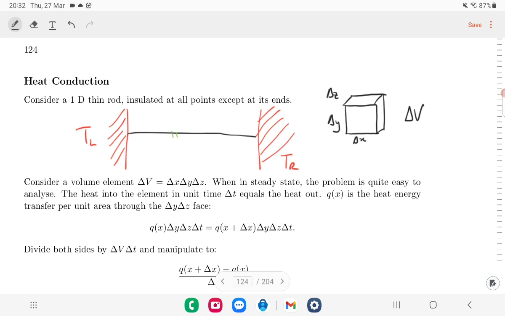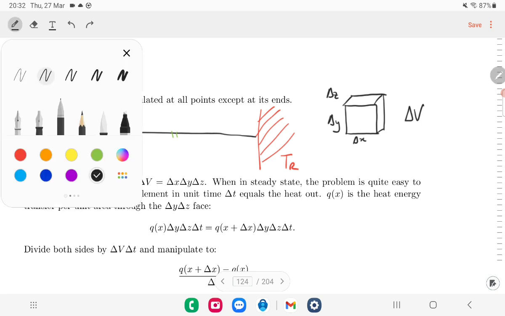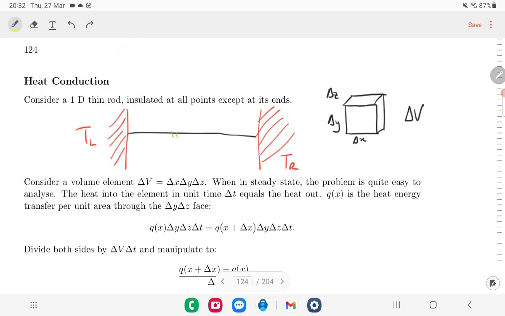So if that little volume element is initially cold and it's hotter here, you're going to get heat flow from left to right. In equilibrium you've got a heat flow going in this face and a heat flow going out. Now for equilibrium, these have to be equal.